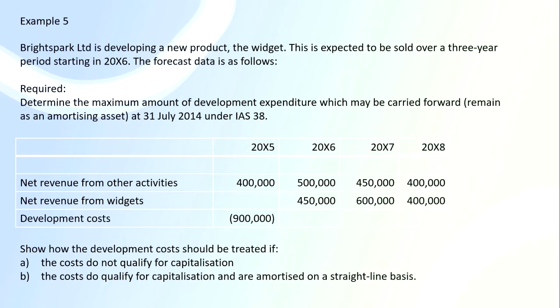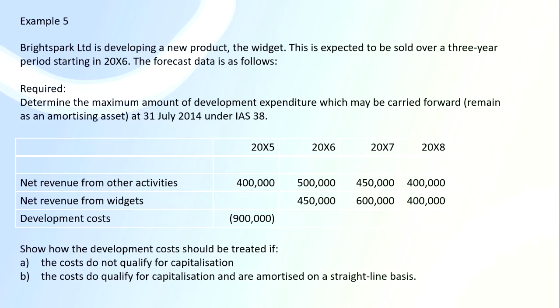So we have 4 years related to the R&D for the widget. In 2005, the company has revenue from other activities, and the widget gets profit in 2006 because it is expected to be sold starting in 2006.